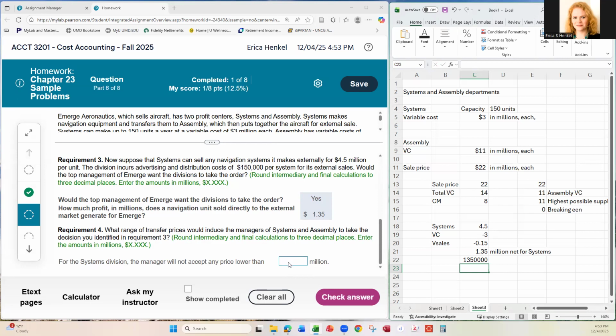If we could sell everything we make to outside parties for 4.5 million minus the sales costs, 4.5 minus 0.15 nets 4.35. So we would want the transfer price to be whatever we would get net of the sales costs.